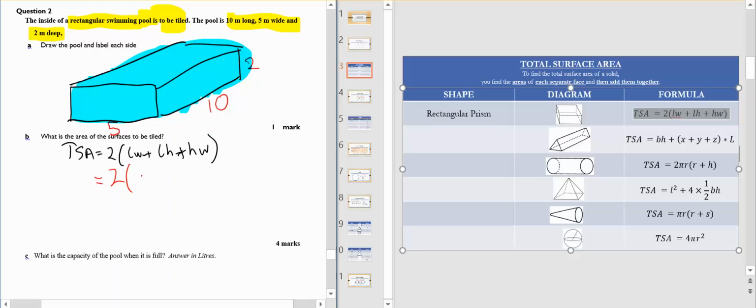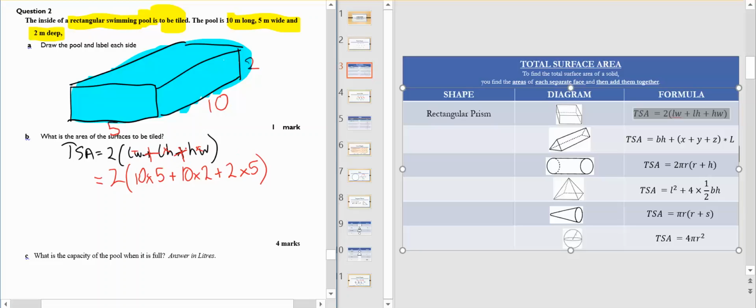The length is 10 times the width, which was 5. The length was 10 and the height was 2. Finally, the height was 2 and the width was 5. Obviously there was a times in between all of these, and importantly, this was a plus.